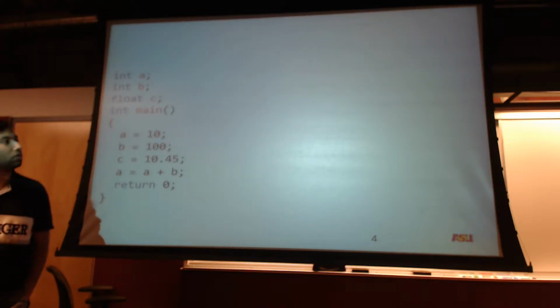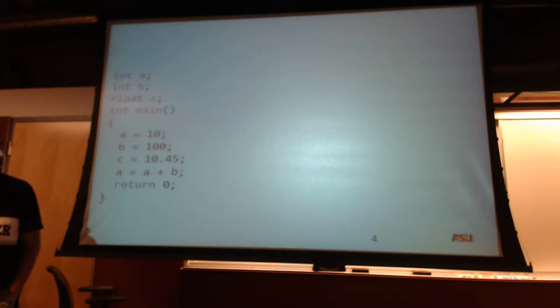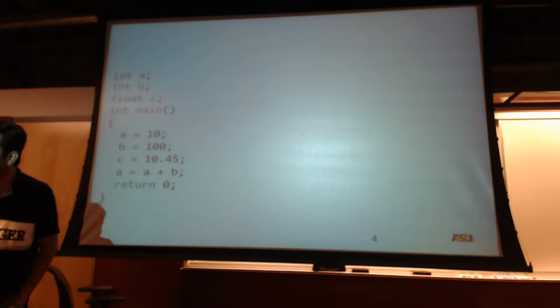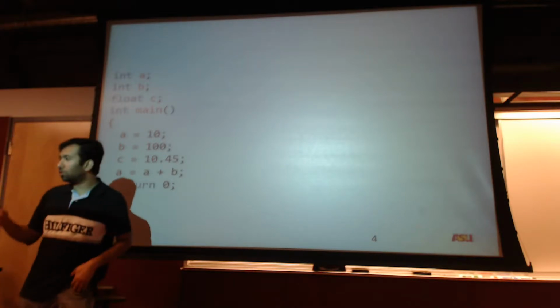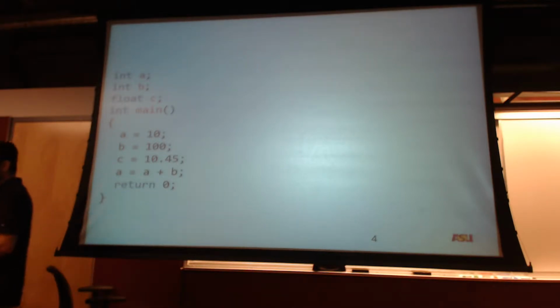So now let's say we do this. A equals 10, B equals 100, C equals 10.45, and then we do A equals A plus B and return 0. Where do we keep all these variables? That is the question we want to answer. So as he said, we keep these variables in memory. So whenever we declare A, B, and C, we know that we have to draw the box and circle diagram, right?